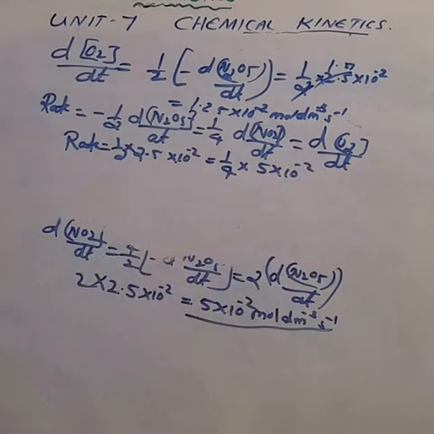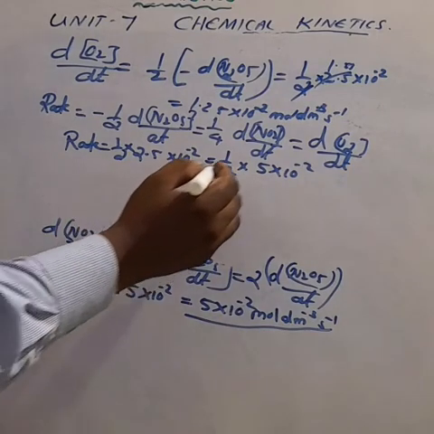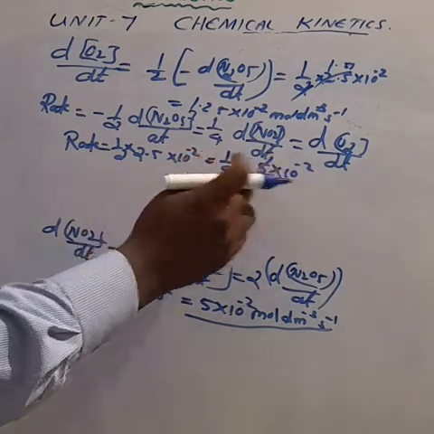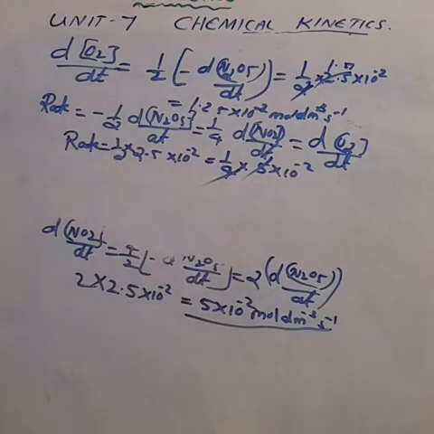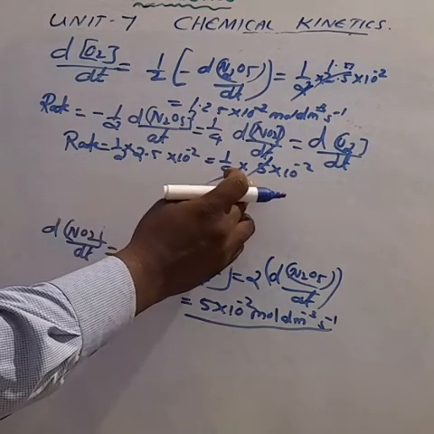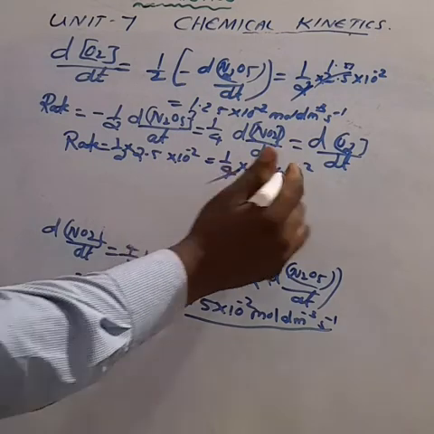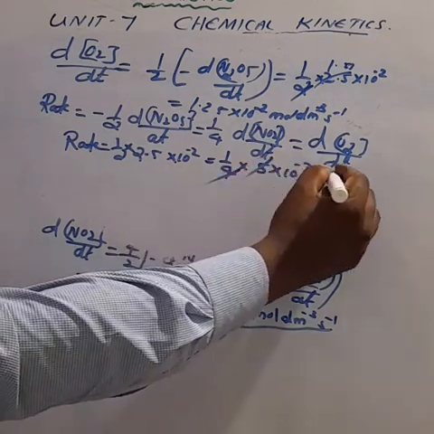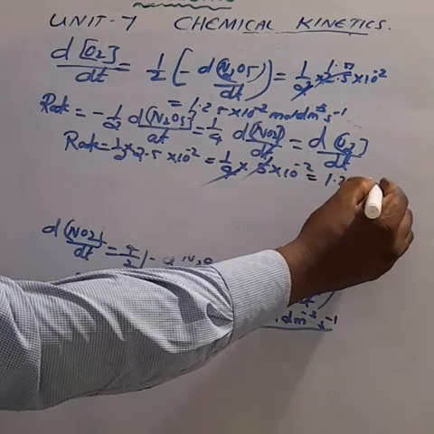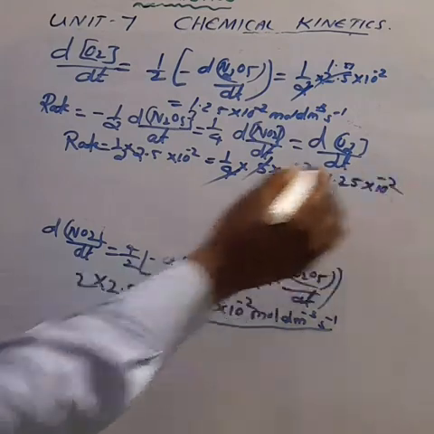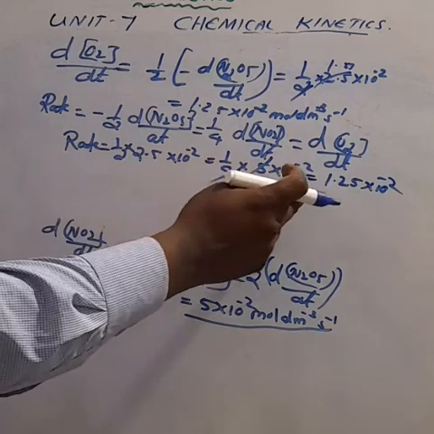We just cancel 5 by 4, which is 1.25. So 1.25 into 10 raised to minus 2.